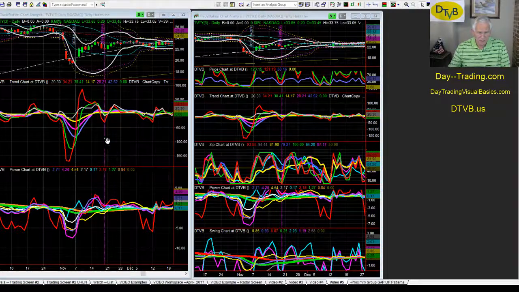And so on this vertical pink line, the response that we get is, obviously, the band lines are climbing up. Let me comment too.